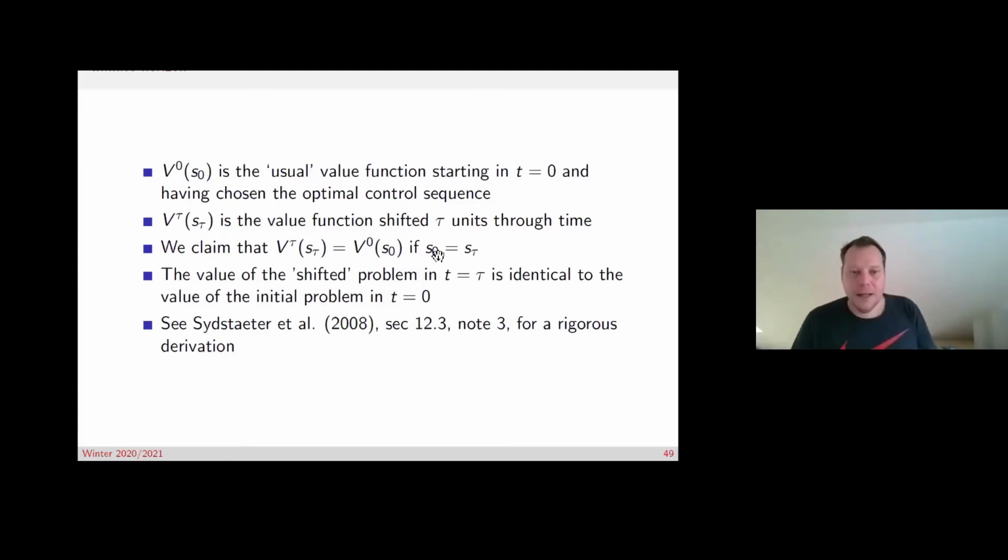Okay, so what we assume is that the value of the shifted problem is identical to the problem that you would encounter in period 0.